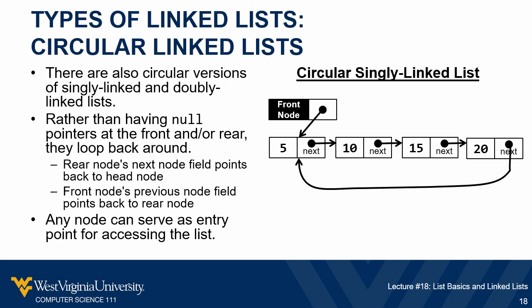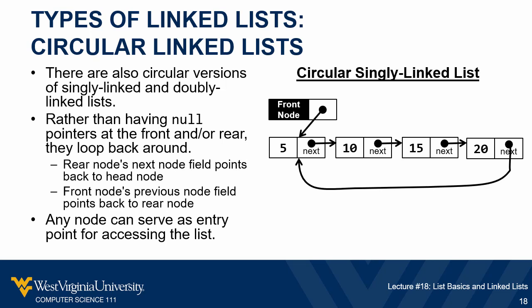Instead of having the last node in our chain point to null in its next field, or, with a doubly linked list, the first node having its previous set to null, they actually loop back around.